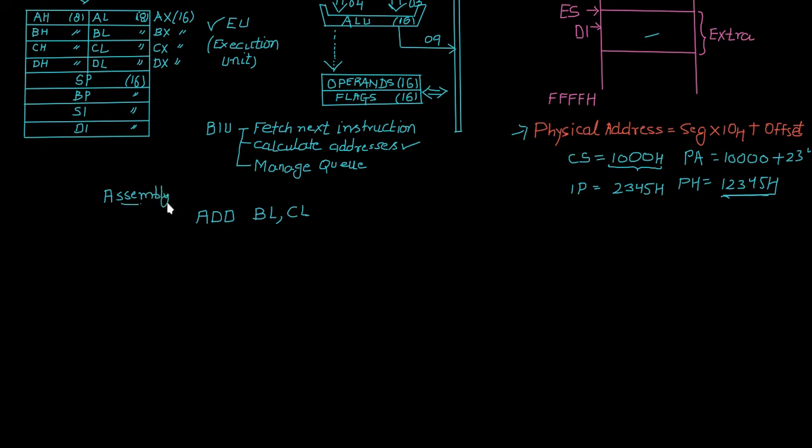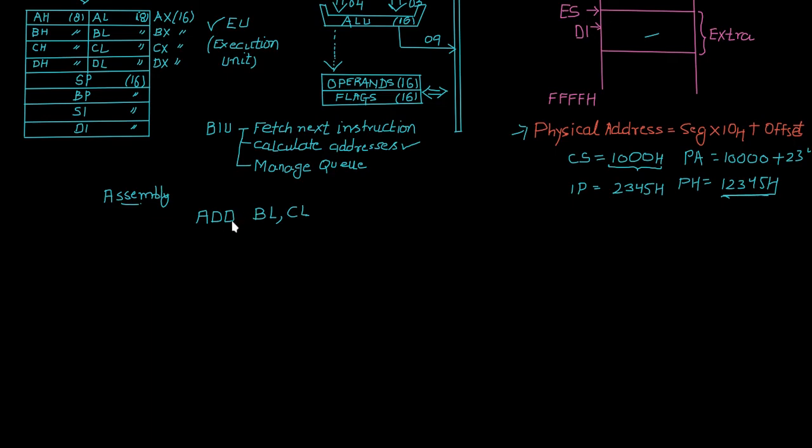So in the assembly programming language, we have got a particular instruction, and we will study more instructions in the assembly language in more detail. But in this video, I'm just going to give you a very simple assembly instruction, which is used to add the two registers and store the result into the first register.